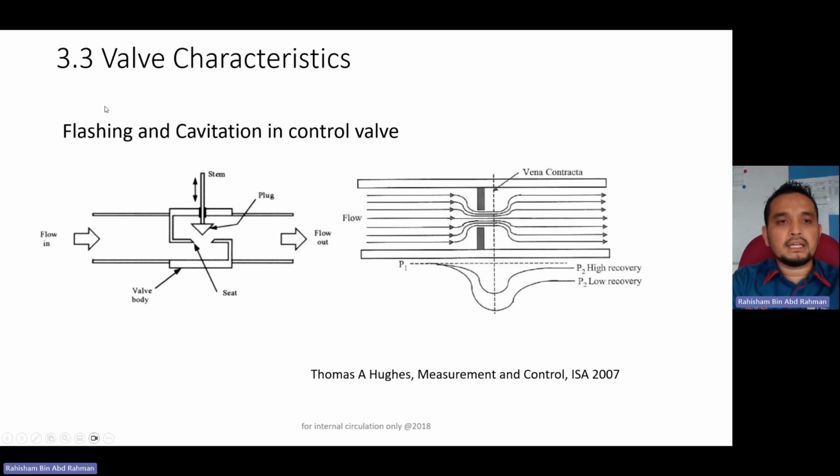These two phenomena only occur in the pipeline when the fluid is flowing through a small opening, like this one. In other words, flashing and cavitation occur in the pipeline whenever it passes through a valve. Why a valve? Because there will be a small opening here to allow the liquid to flow.